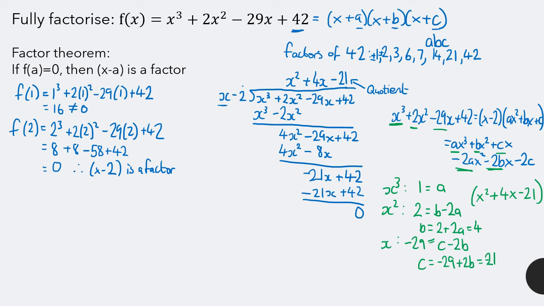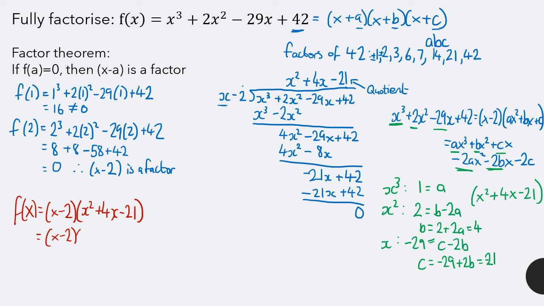Okay, so what next? Right, so we can say now that f of x is x minus 2, there's our factor, multiplied by this quadratic, by whichever technique you used. And then finally, all we need to do is say, does this factorize?